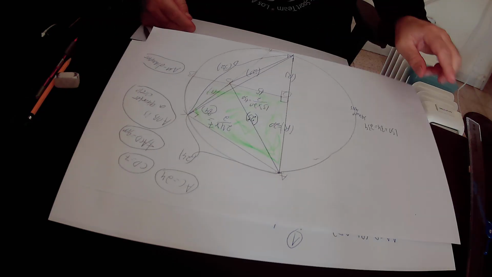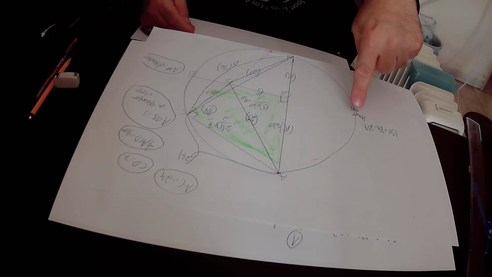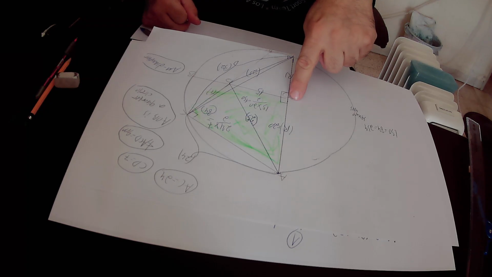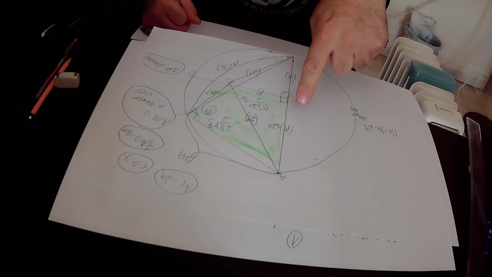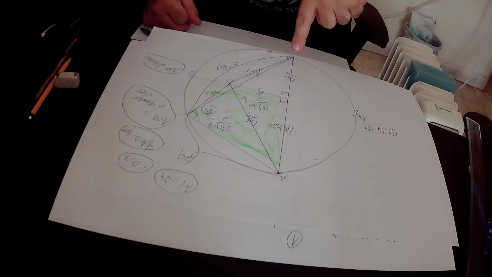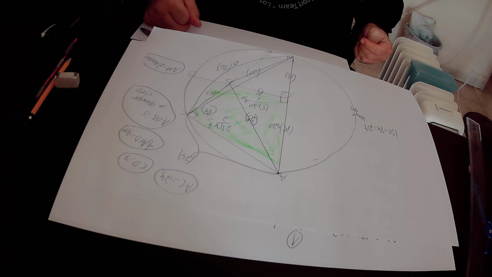Then we completed this quarter circle to a circle. Point O is the center of the circle, point A is a point on the circle itself, therefore OA is the radius of the circle, equal to capital R. We extended the radius AO until it touches the circle at point M. Chord AM passes through point O, the center of the circle, and any chord that passes through the center of the circle must be a diameter of the circle.